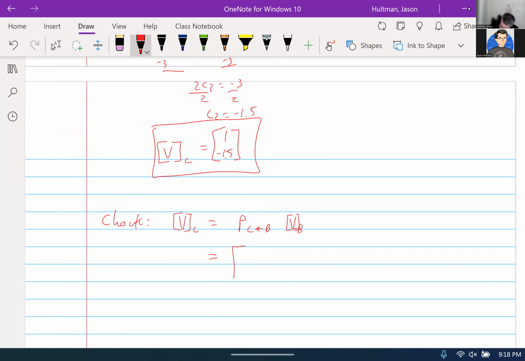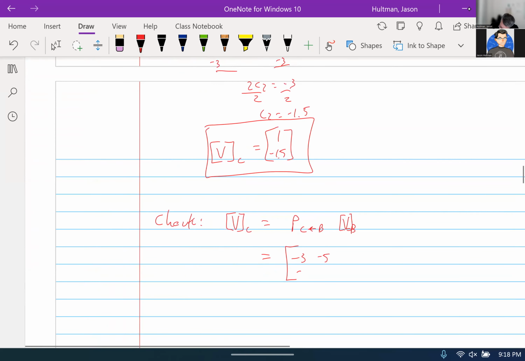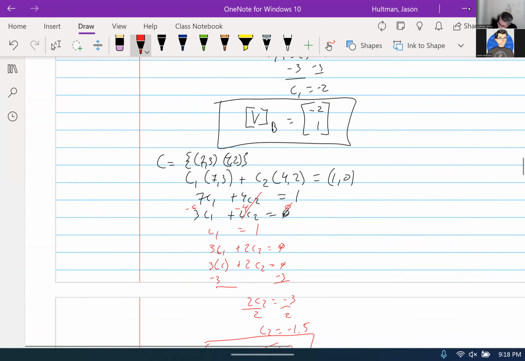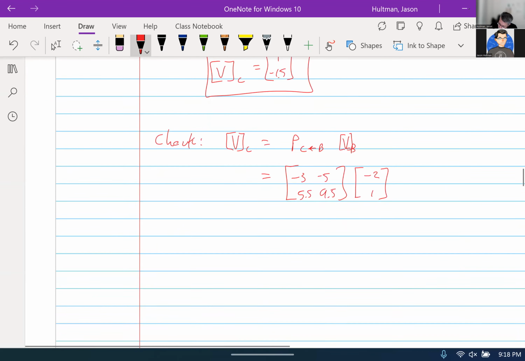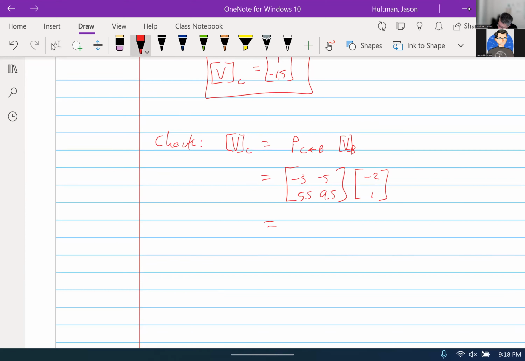Well, P of B to C was [-3, -5; 5.5, 9.5], and then V of B was [-2, 1]. So we just want to multiply these together.